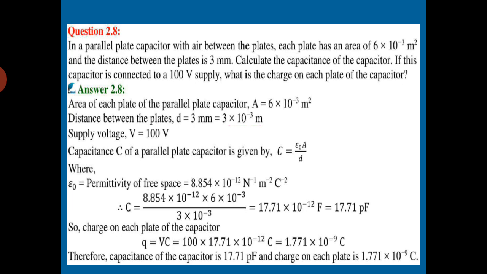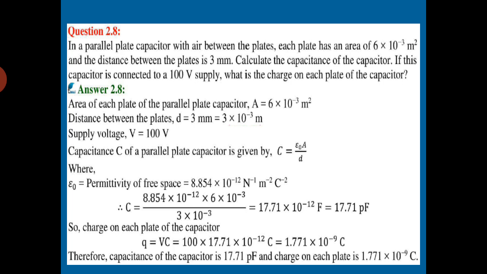Now, first of all, what is the expression for C? It is a parallel plate capacitor, so C will be given by epsilon naught A by D. You have to remember the numerical value of epsilon naught. What is its value? 8.854 into 10 raised to power minus 12 coulomb square per Newton per meter square.